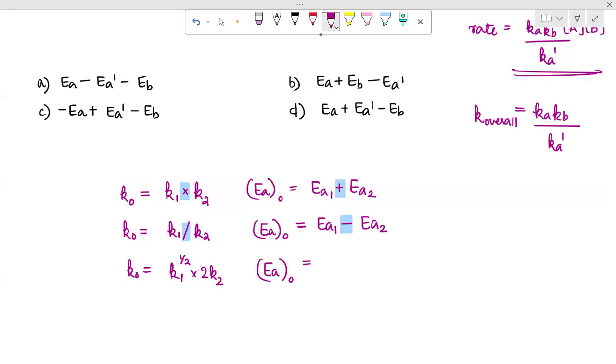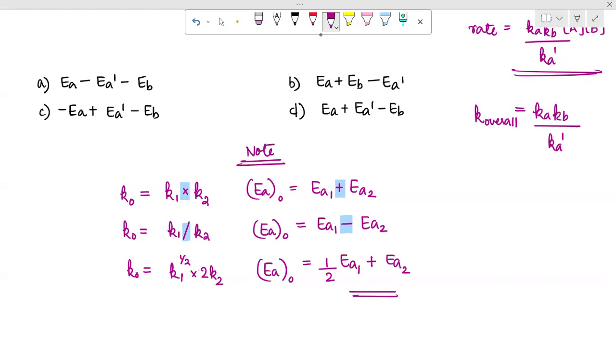The power will be applied as a coefficient, that is 1 by 2 EA1. Multiplication becomes plus. This coefficient will not appear in the activation energy and this simply becomes EA2. So the detailed derivations, etc. are discussed in our classes. Now, to solve this problem, all you need is this much. Okay? So if you know this, you can solve this.